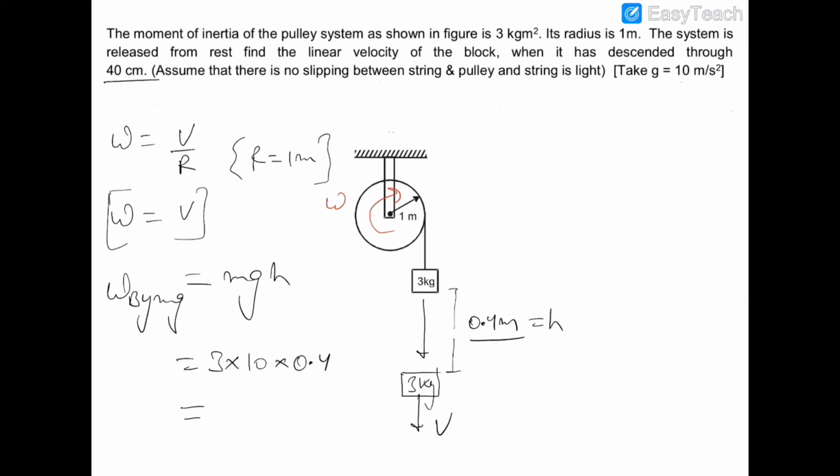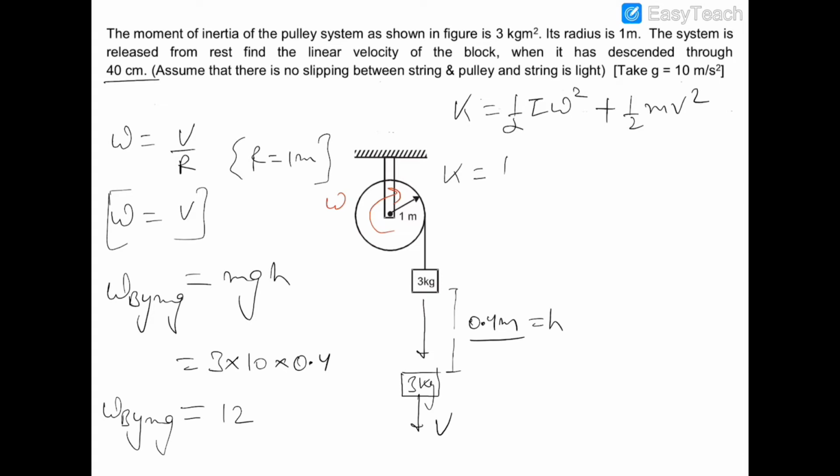So this is the work done by mg, which is equal to 12. Now this work done will be utilized in the kinetic energy of this pulley as well as the kinetic energy of the block. So the kinetic energy of the system is half I omega square for the pulley, as well as half mv square for the block.